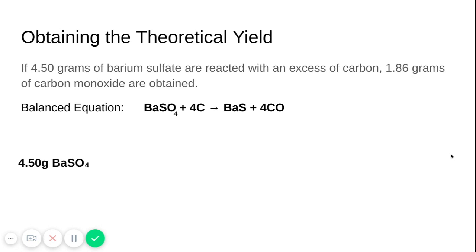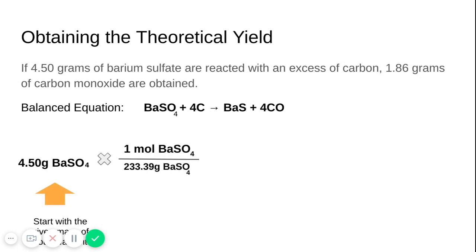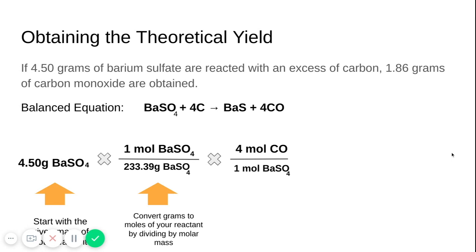Starting with 4.5 grams of barium sulfate, you multiply by 1 mole of barium sulfate over 233.39 grams of barium sulfate. This converts your barium sulfate from grams to moles by dividing by the molar mass. Then multiply this by 4 moles of carbon monoxide over 1 mole of barium sulfate, using your balanced equation to convert the moles of the reactant to the moles of the product.